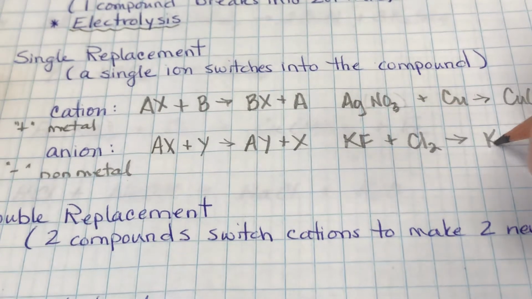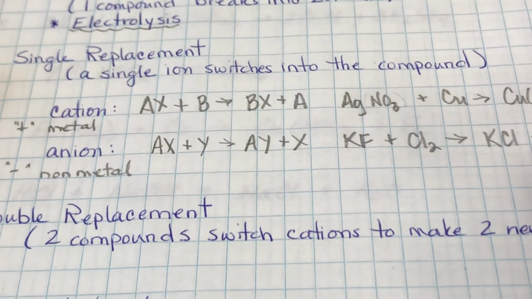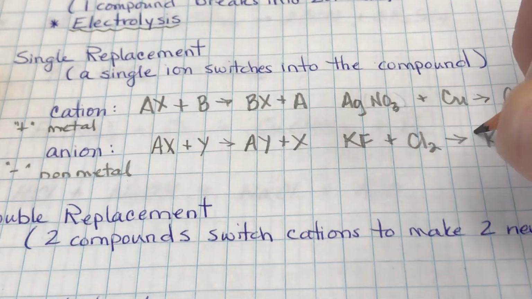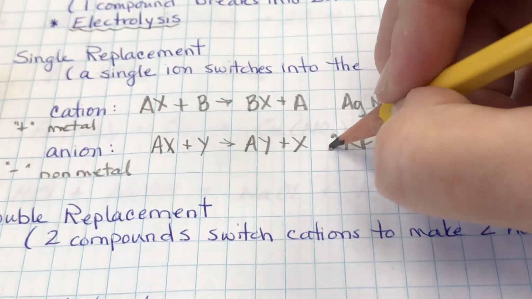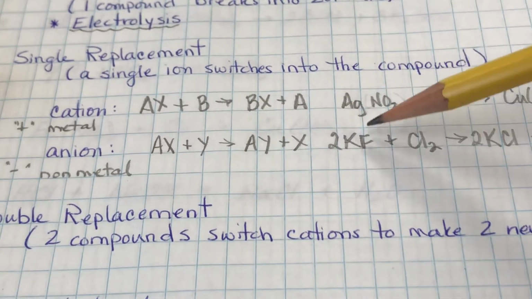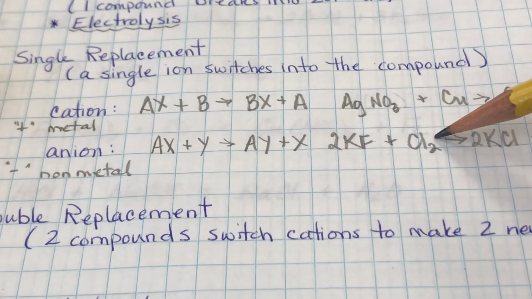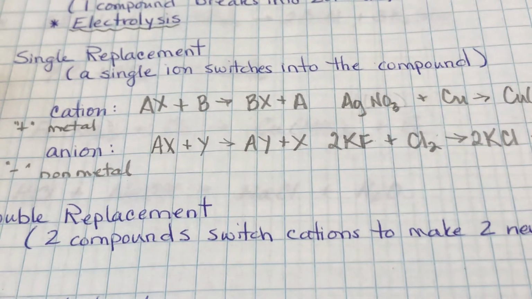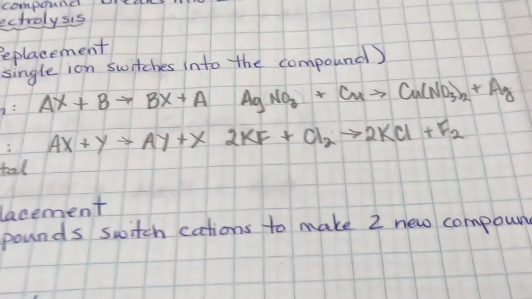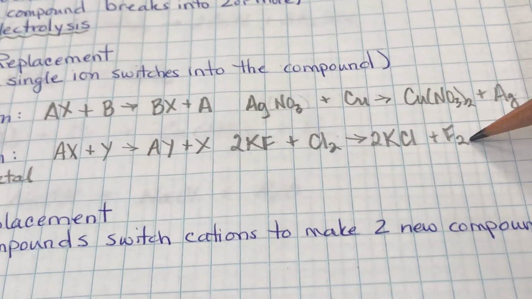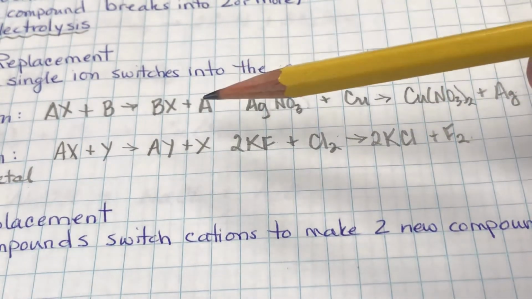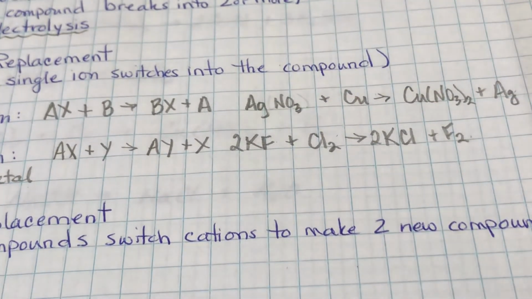And we end up with potassium chloride plus our fluorine. If you take a look, single compound, single element gives us a single reaction. And for this one, because the chlorine and fluorine are by themselves, they are the anions, so this would be a single anion replacement.